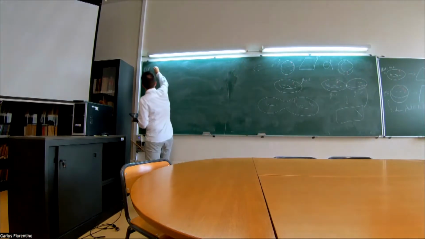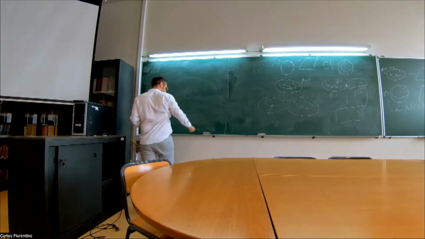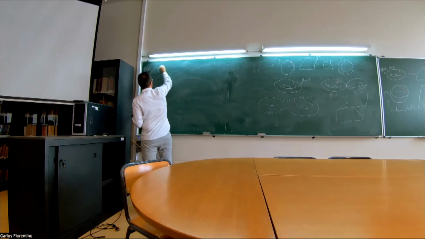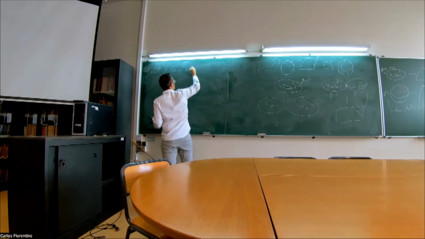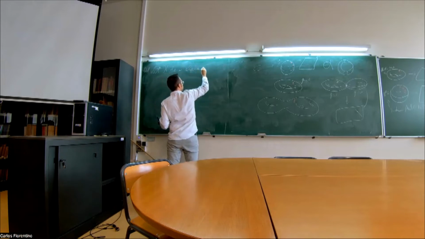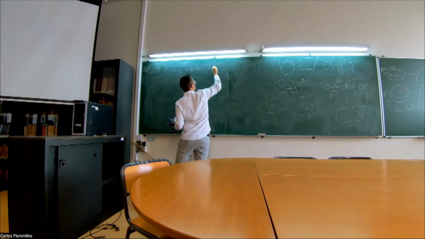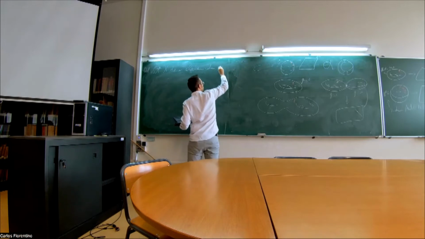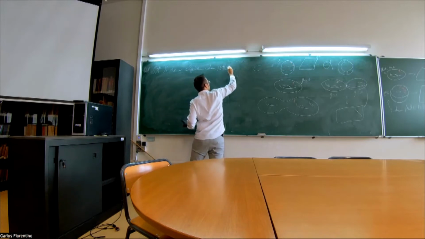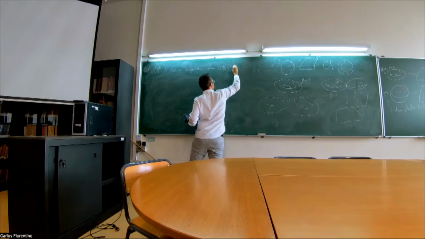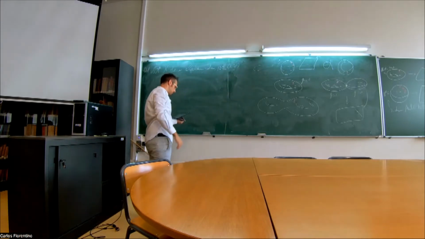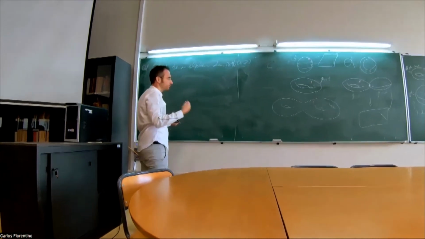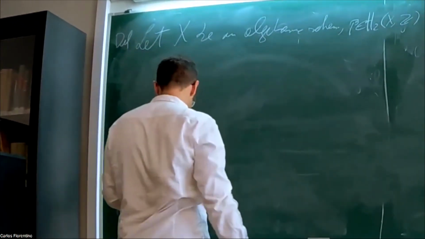Okay. Definition. Let X be an algebraic scheme again, and β a homological class of a curve, but any class.